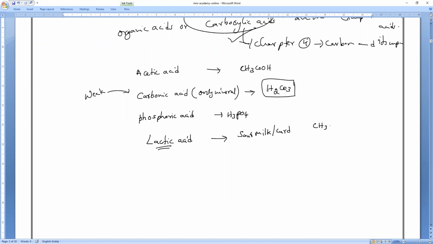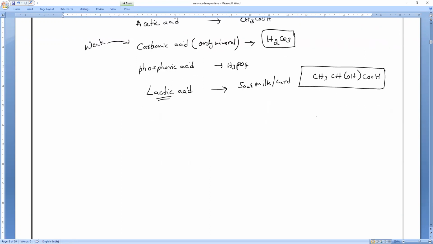The formula is CH3CHOHCOOH. This is also an example of a weak acid. Like that, all the organic acids are examples of weak acids. Clear, all of you understand?